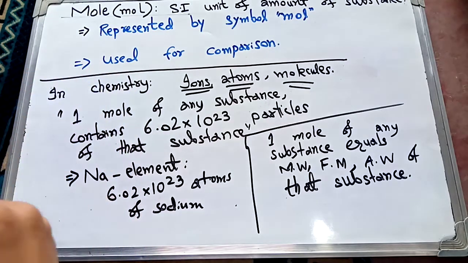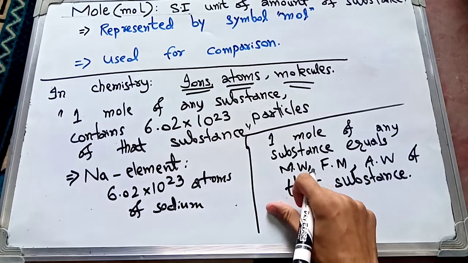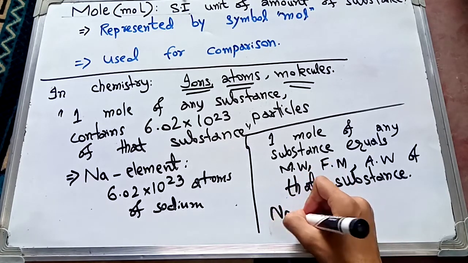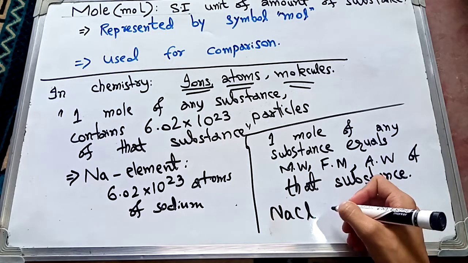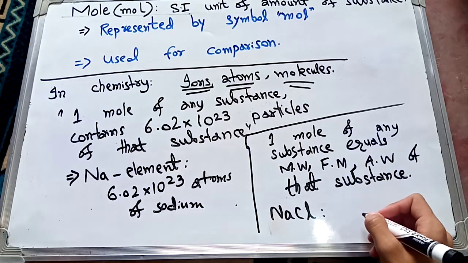Okay, so for example we have NaCl, which is made up of ions. We have an NaCl sample, which is sodium chloride.